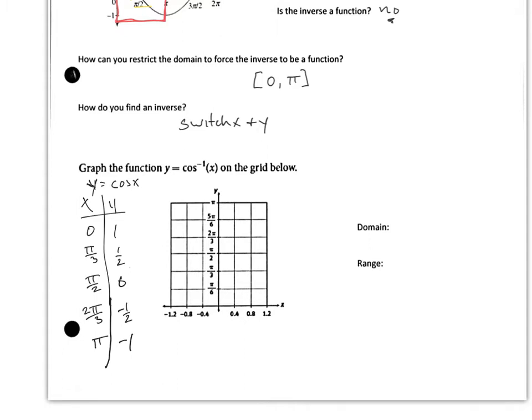So if we want to graph the inverse, we just switch the x and y, or we read this thing backwards. So now we're going to plot the point 1, 0. We're going to switch all these, 1/2, pi over 3, because this is how you do an inverse. You switch the x and y. So we're going to go over here to 1, 0. We're going to graph 0.5 and then go up to pi over 3.